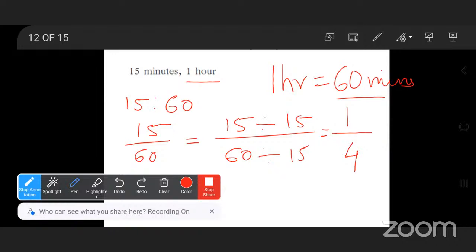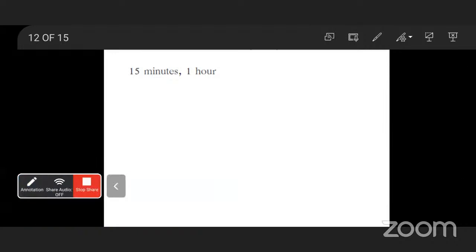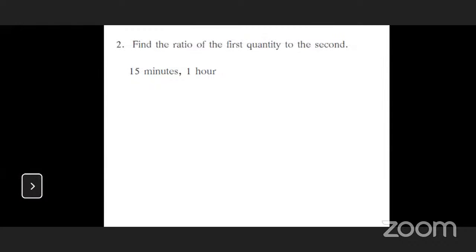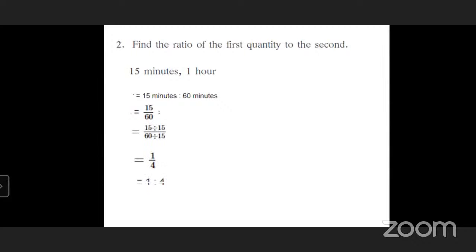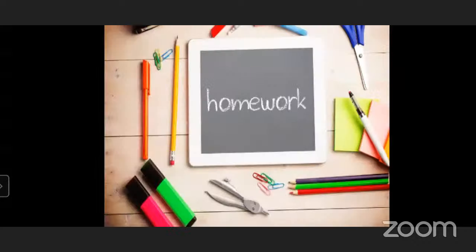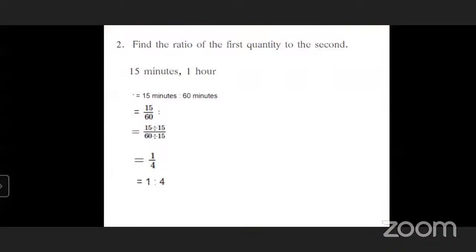So what is the ratio that you all are getting? 1 upon 4. Right? So for such type of questions, if the units are not same, first of all, you are going to make the units same. Okay? First, you are converting this. You are finding the simpler form, that is 1 by 4.